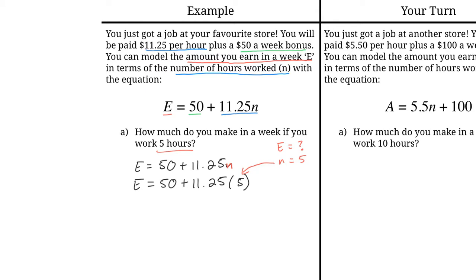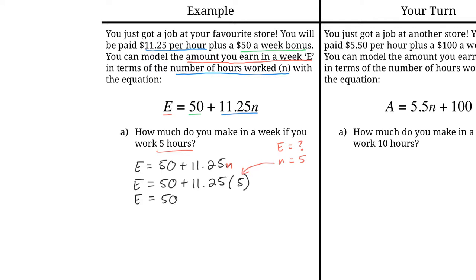Now we can just start solving the equation, and we're solving for E. Make sure you follow BEDMAS. We cannot do 50 plus 11.25. We need to do our multiplication first. So we need to do 11.25 times 5. All of this stuff stays the same, so we're just going to copy and write it below.